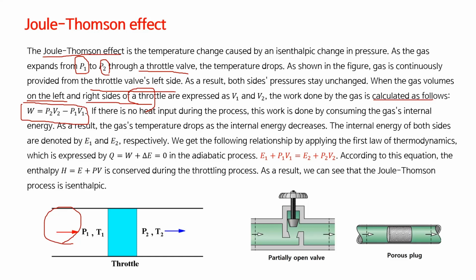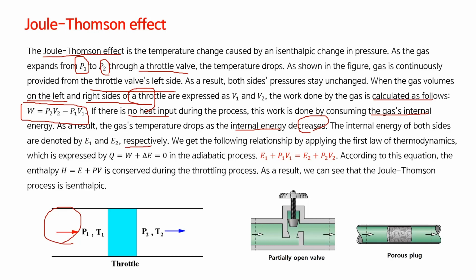If there is no heat input during the process, this work is done by consuming the gas's internal energy. As a result, the gas's temperature drops as the internal energy decreases. The internal energy of both sides are denoted by E1 and E2 respectively.